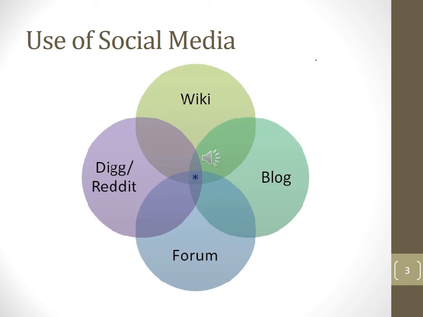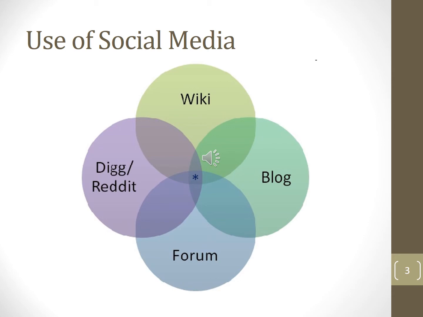One good way to think of correlation is to look at a Venn diagram. So these are 4 ways that people get on social media. They could use a wiki, they could have a blog, they could participate on a forum, and they could also do Digg or Reddit. And so what you see is that people who participate on wikis overlap with people who participate on Reddit. People who participate on Reddit overlap with people who participate on forums.